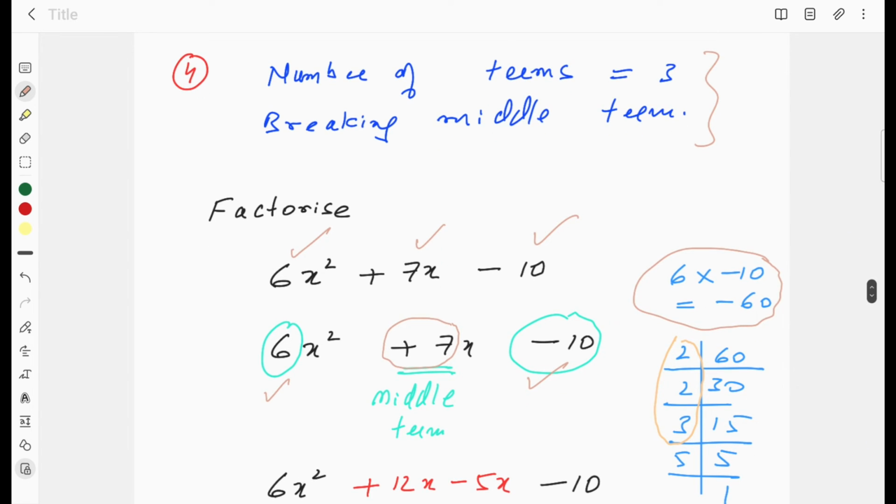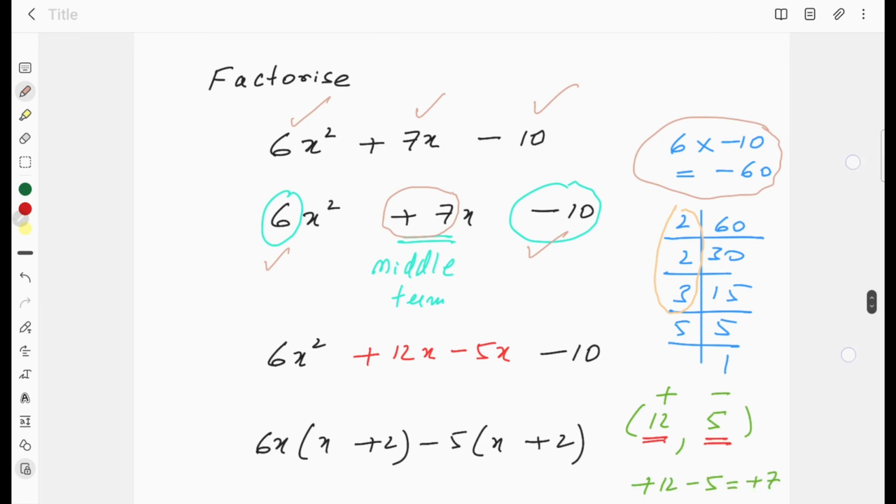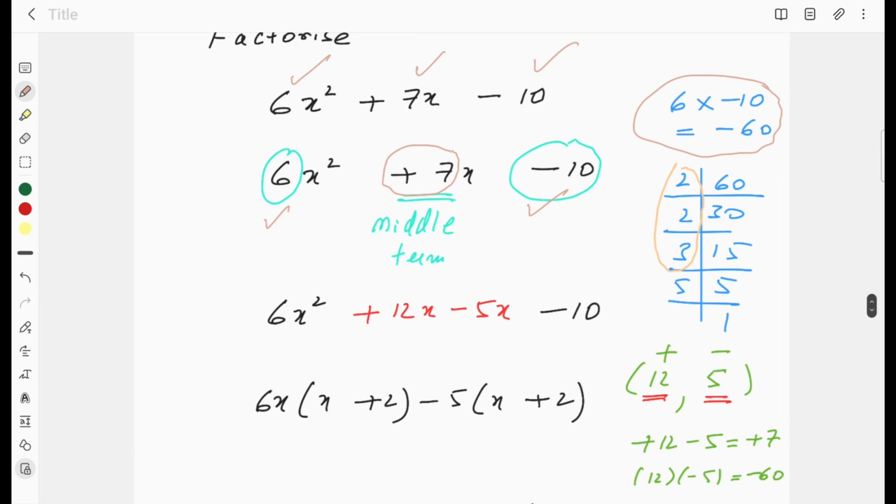So I will take factors of minus 60. We have to ignore minus for the time being. If you take prime factors of 60, this will be 2 times 2 times 3 times 5 times 1. Now using these prime factors, you have to make two groups.